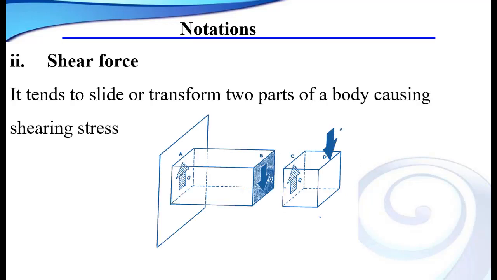Number two, we have shear force. This force tends to slide or transform two parts of a body, causing shearing stress. As illustrated from the diagram, you can see that the two parts slide because of the shear force applied on it.